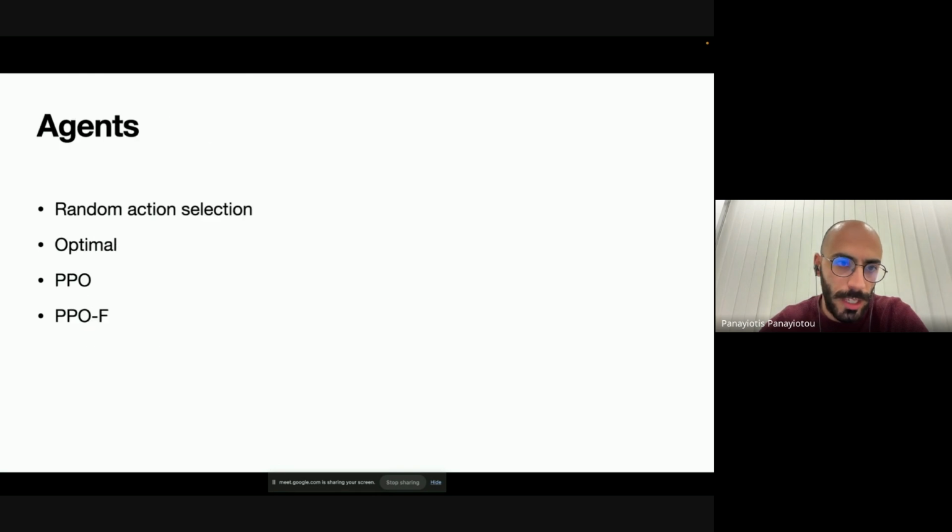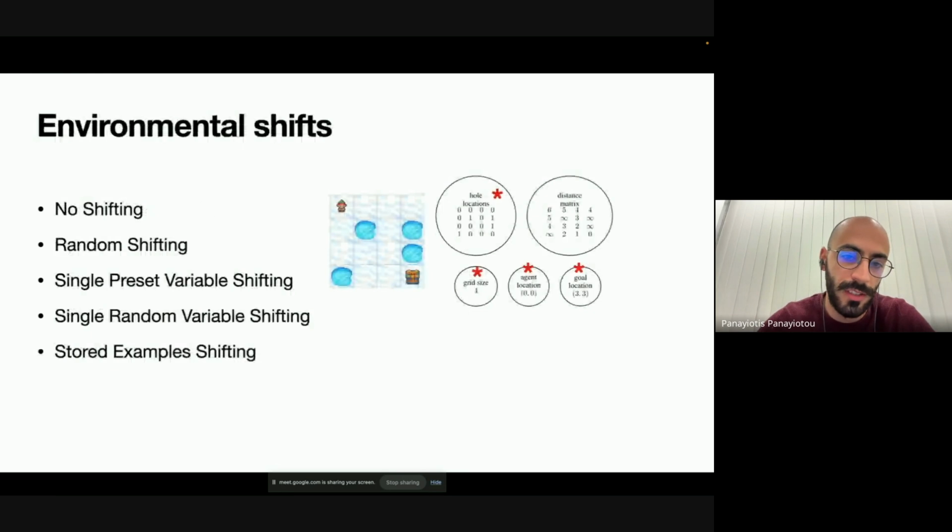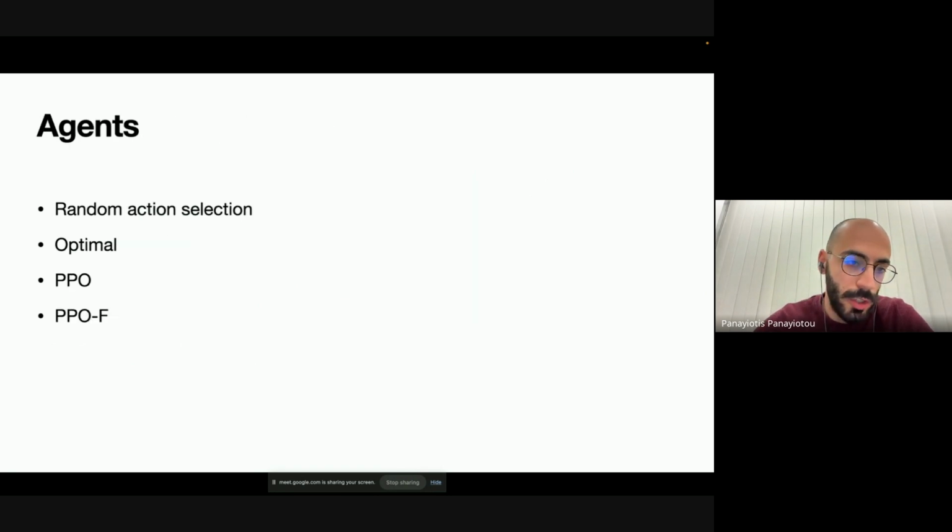Cool. Now, for these experiments, we used the random action selection agent, which just serves as a baseline, an optimal agent, which is always possible in this case because you can run a BFS algorithm, a breadth first search, and find the optimal path. And the PPO agent on top of the state, and the PPOF agent, which is just PPO on top of a factored state representation.